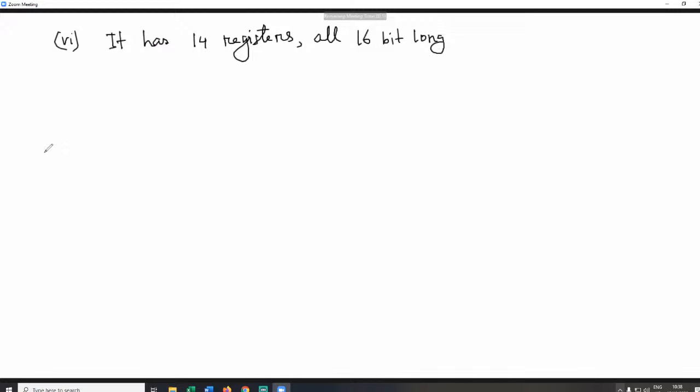Those are the 14 internal registers, all 16-bit long. Now it also has a multiplexed address and data bus. It has an address bus as well as a data bus.